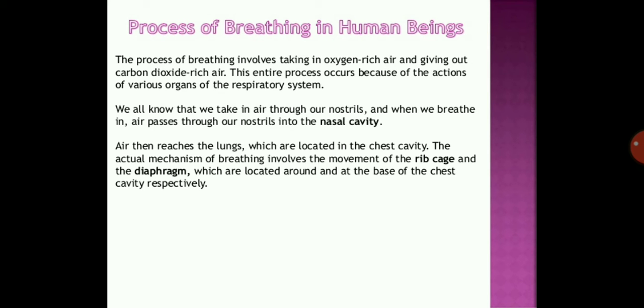The process of breathing in human beings involves taking in oxygen-rich air and giving out carbon dioxide-rich air. This mechanism takes place due to the actions of the organs present in the respiratory system. We take in air through our nostrils, and when we breathe in, the air passes through the nostrils into the nasal cavity.